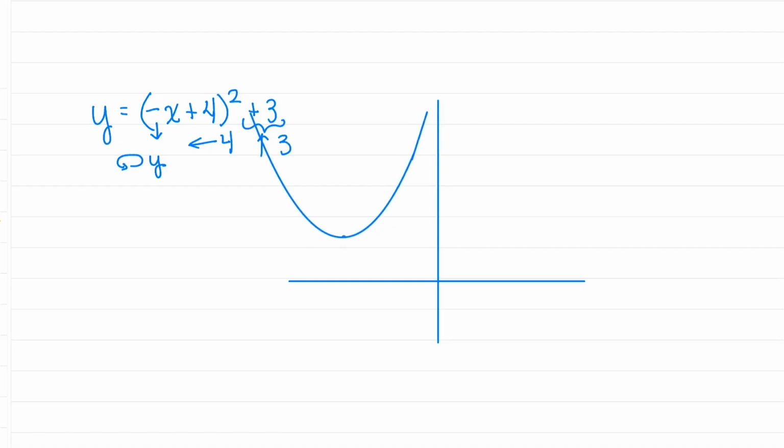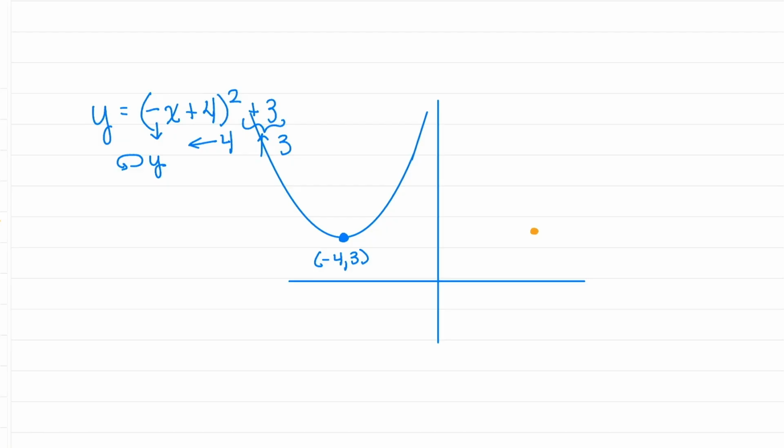So our vertex here, which is the minimum point on our parabola, would be at negative 4, positive 3. If I were to reflect that around our y-axis, essentially make a mirror image, where that is going to end up is at positive 4, positive 3. Okay, so somewhere over here.